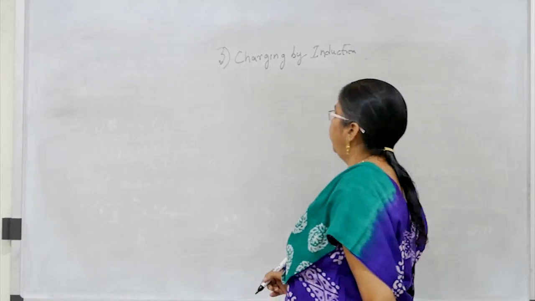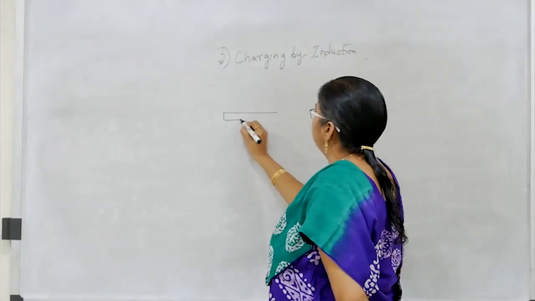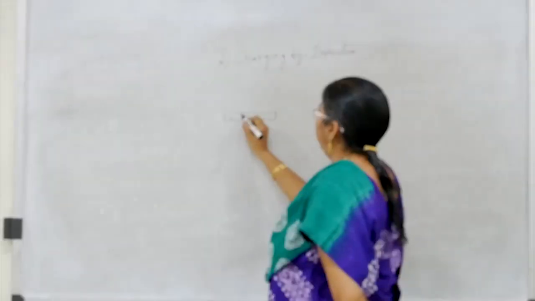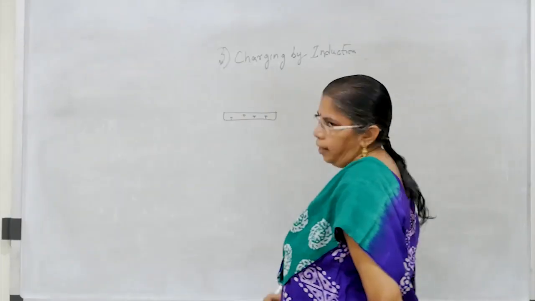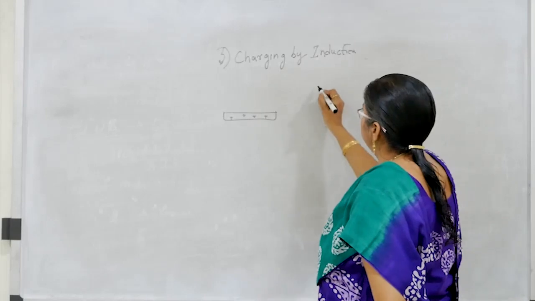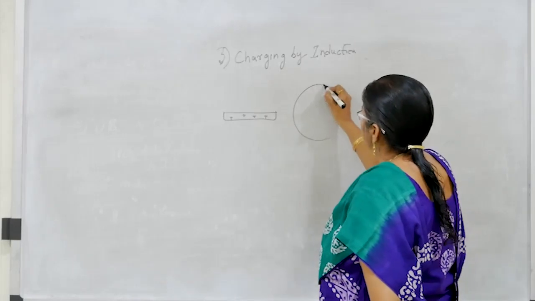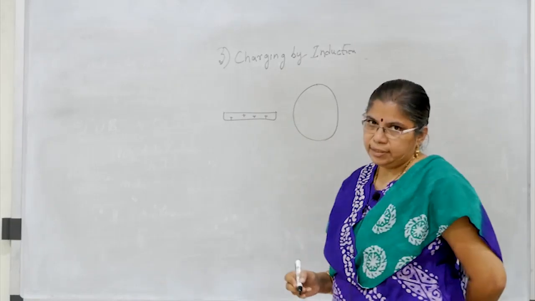Suppose I take a positive charged plate and I bring a neutral body near it. So what happens?